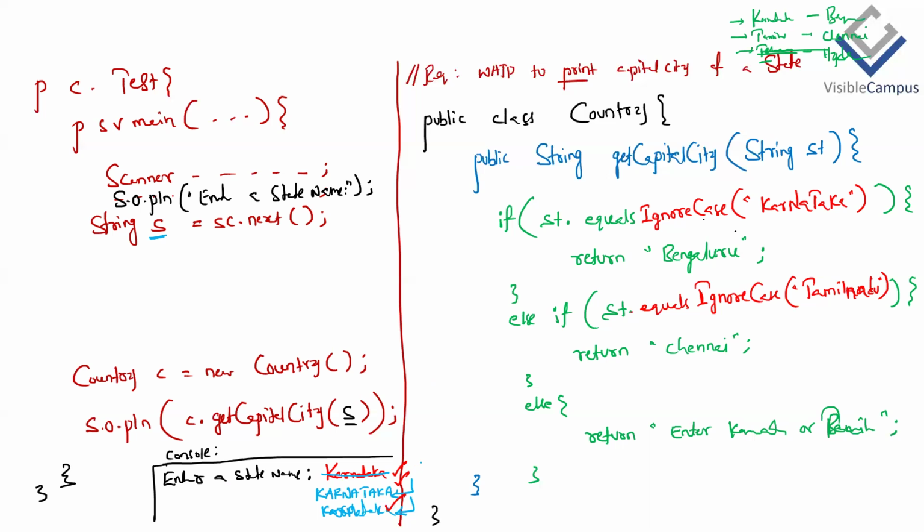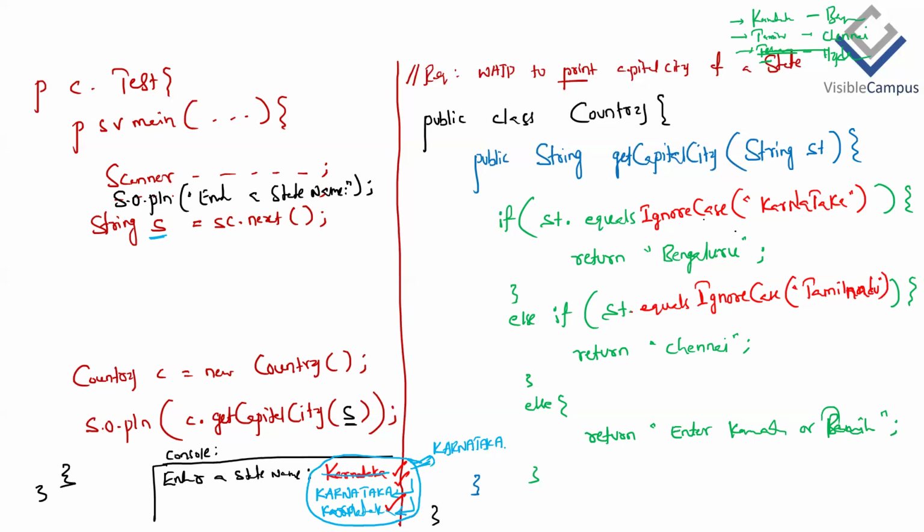Then followed by, there is one more concern. What is that concern? We made sure that if the spelling is right, our program is giving the output. But by chance, when we entered some name, the spelling is correct. Karnataka is the correct spelling according to our program.